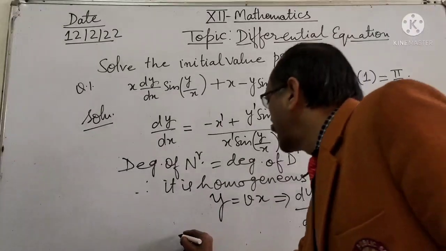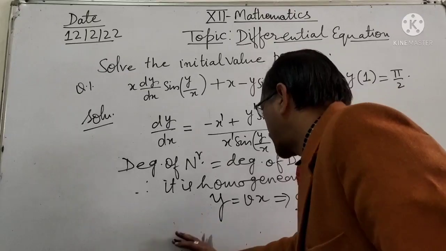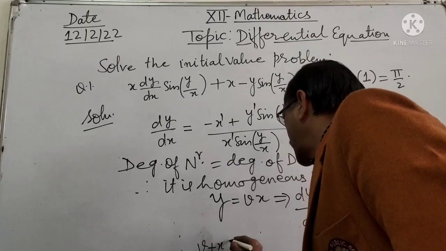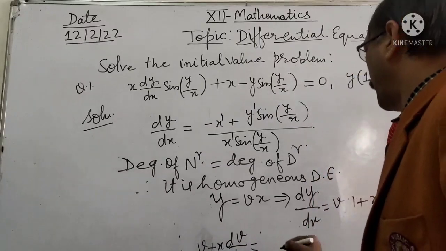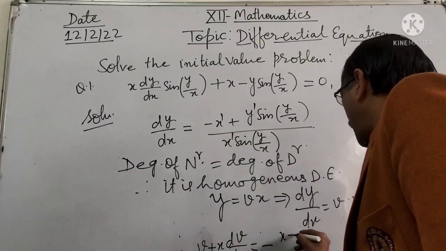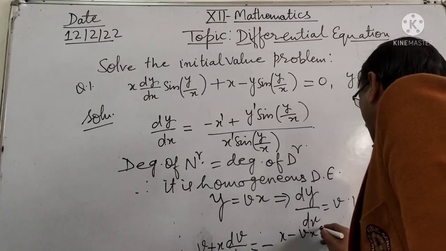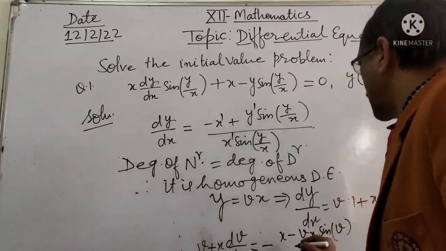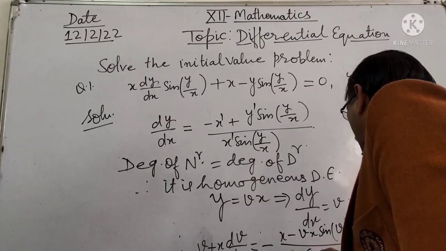Therefore, the equation takes the form dy/dx = v + x dv/dx equal to, take the minus sign common out, so it is −(x − y) equal to −(x − vx sin v), y upon x is v, divided by x sin v.